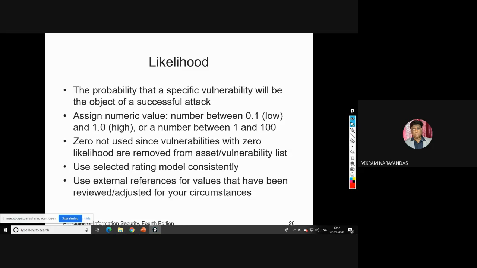You can use a selected rating model consistently, or use external references for values that have been reviewed or adjusted for your circumstances.